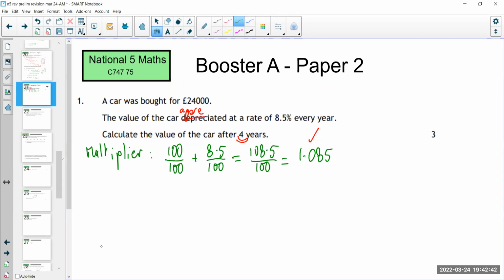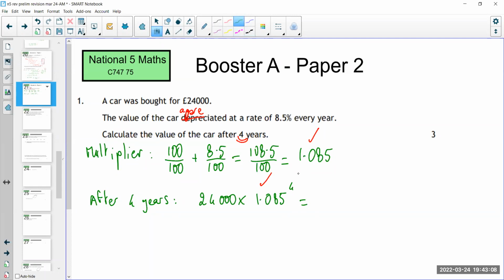So now the new value after 4 years, the value is going to be 24,000 times the multiplier to the power of 4, because it's 4 years. That gives you a second mark.